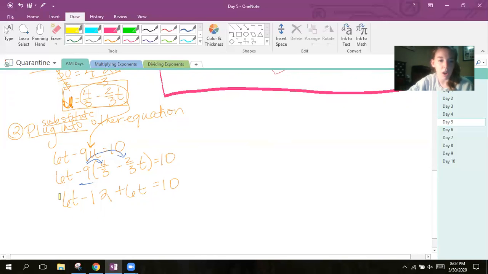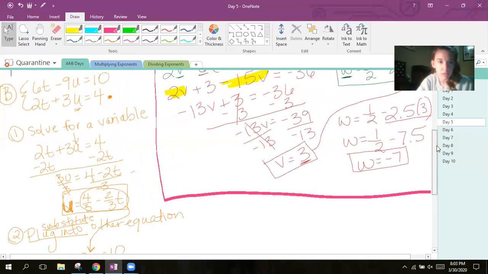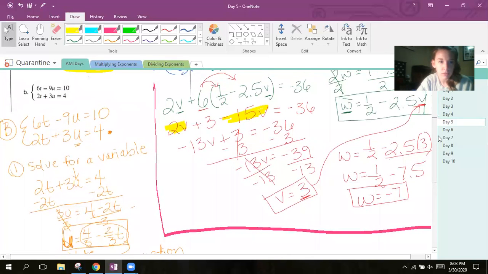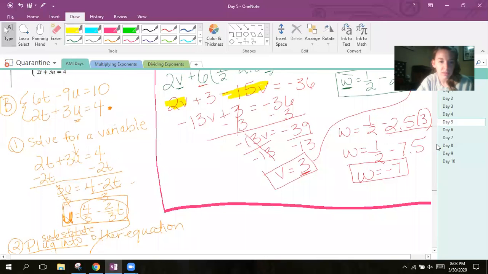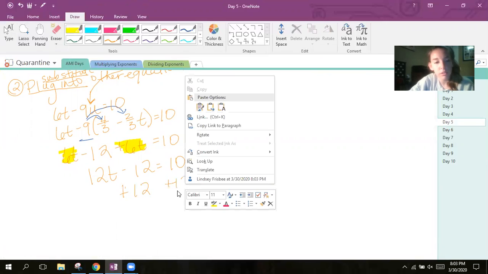So I see that I have a positive 6t, and then I have another positive 6t. Okay, so going back to my orange, I have 6t plus 6t, that's going to be 12t minus 12 equals 10. Okay, so I'm going to add 12, add 12.